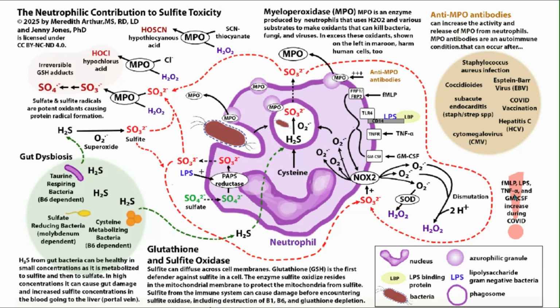One more note on here. If you're not able to read things, these things that activate neutrophils, they're actually increased during COVID. So a lot of people, COVID was their breaking point, right? And that's when the activity of neutrophils just goes sky high.